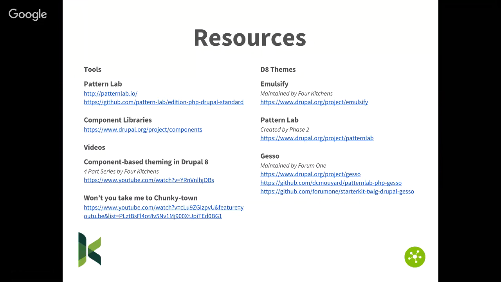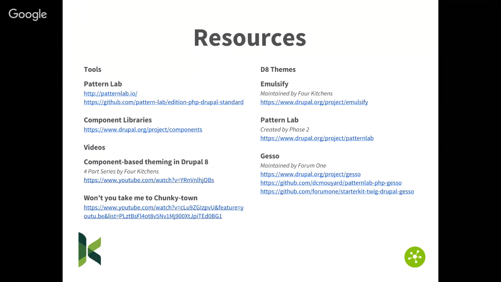You have to have the Components module version 8 installed in order to leverage this. I didn't go into a lot of technical detail. Obviously, you could do an entire second session on just how to put these things together. One of the things that I would recommend is the component-based theming, a 4-part series by Evan over at Four Kitchens.